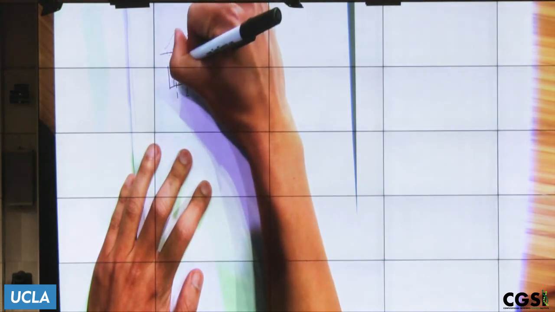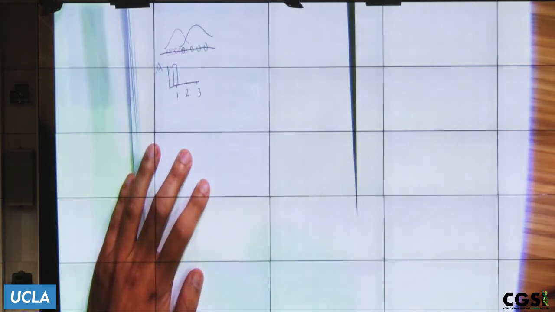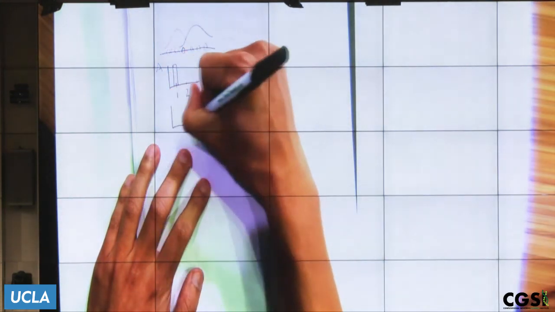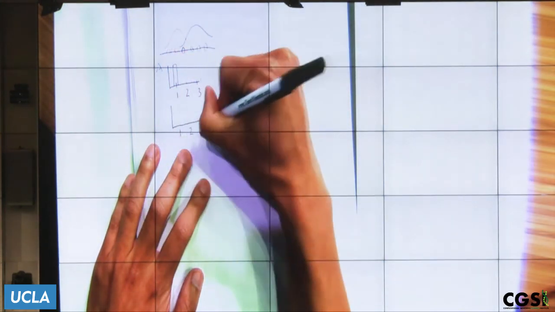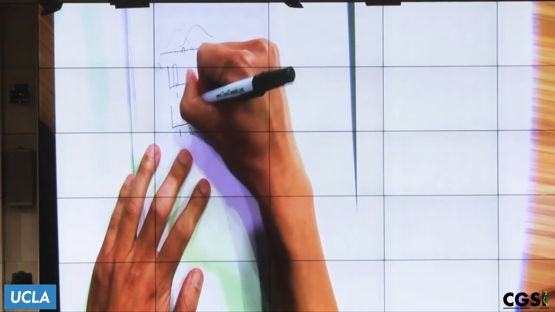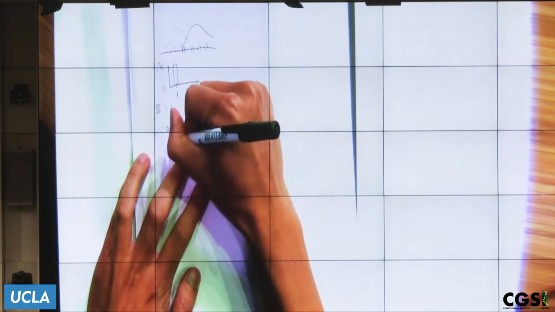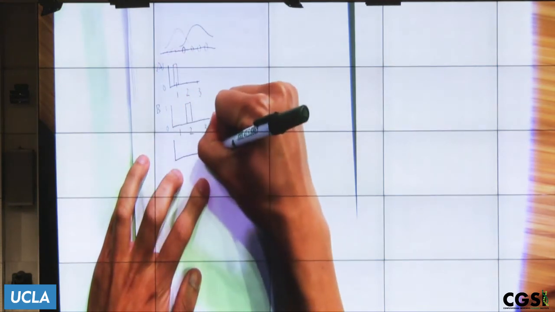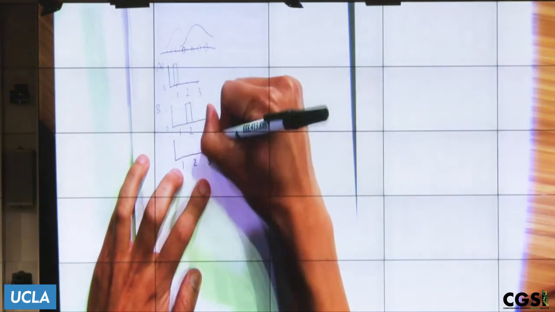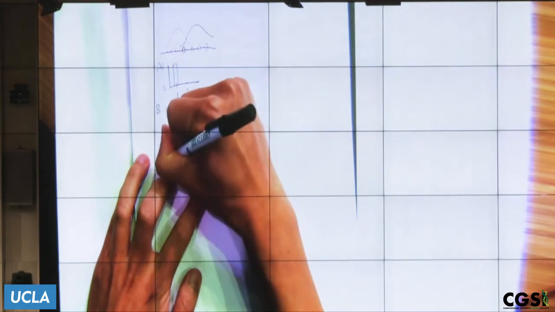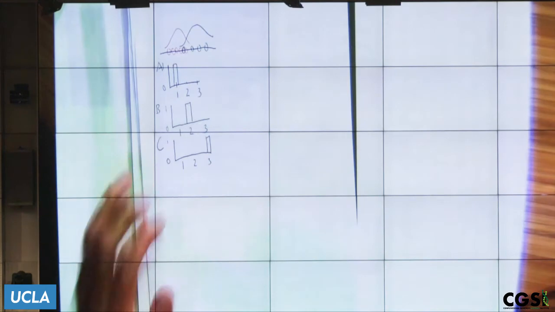For the first data set, A, all of the points are going to be just concentrated at location 1. So this is 0, 1. This is B. Okay, so I have three distributions.